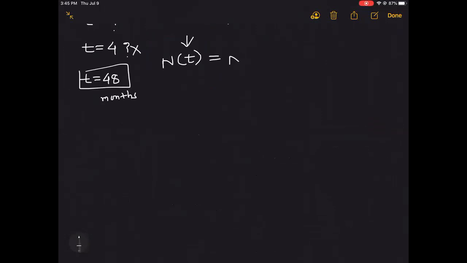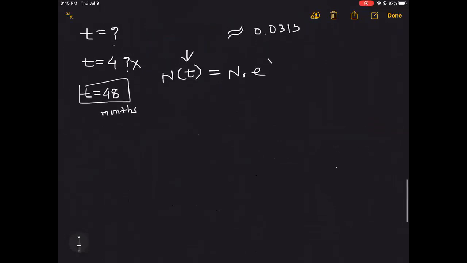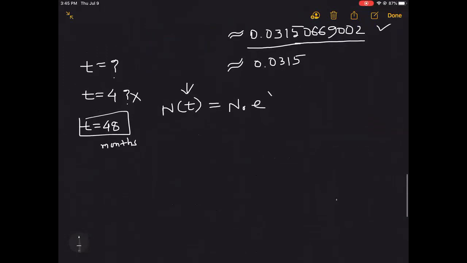All right, so N naught e to the kt, and now if I plug in the value, let's see what happens. N naught is 40,000, and k is this, and if you multiply that by 48, can you tell me the answer?